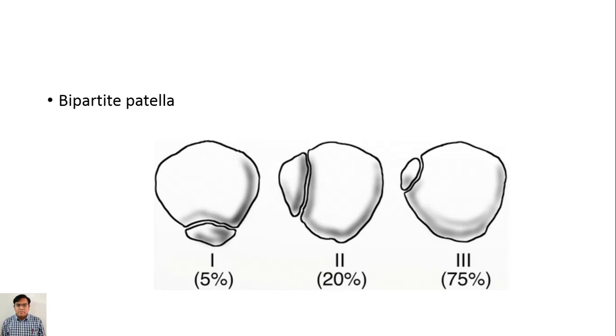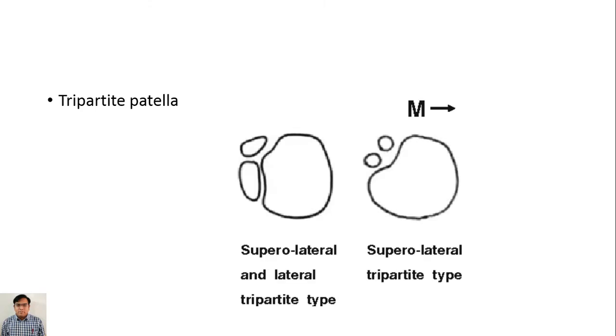Or it may be of tripartite patella when two ossification centers fail to fuse with the main body of the patella, then it will lead to the supralateral and lateral tripartite patella and supralateral tripartite patella.